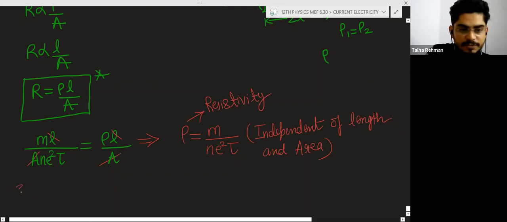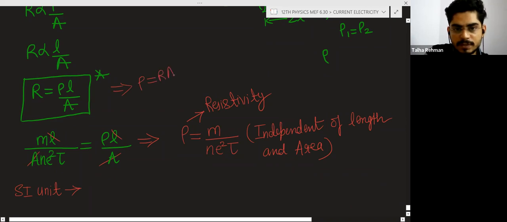SI unit of resistivity. You can calculate the unit of resistivity from here. Rho can be written as RA divided by L. Unit of resistance is ohm.